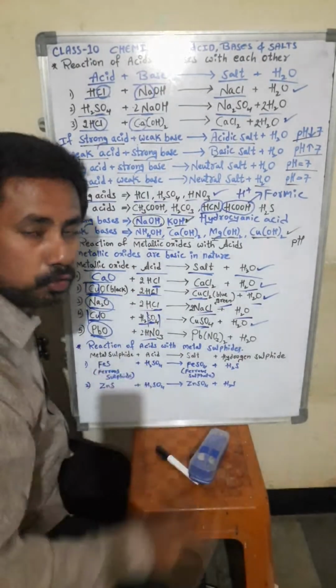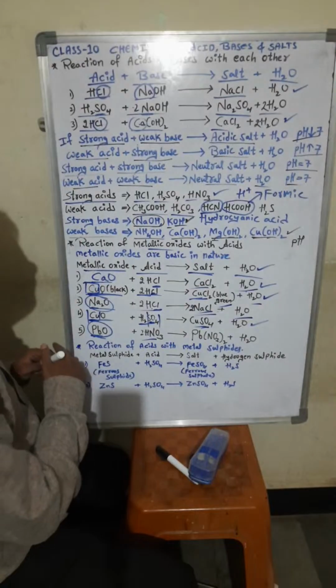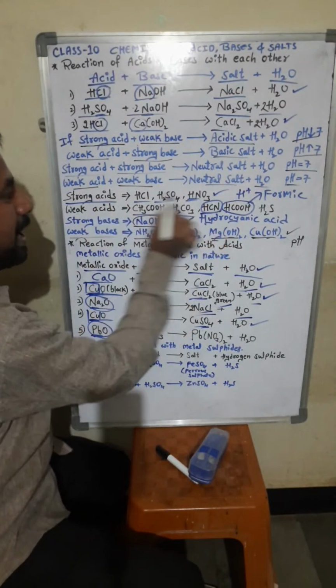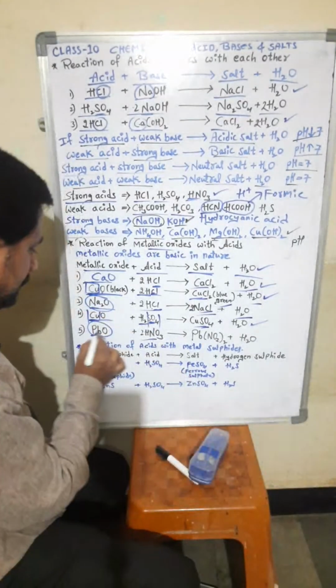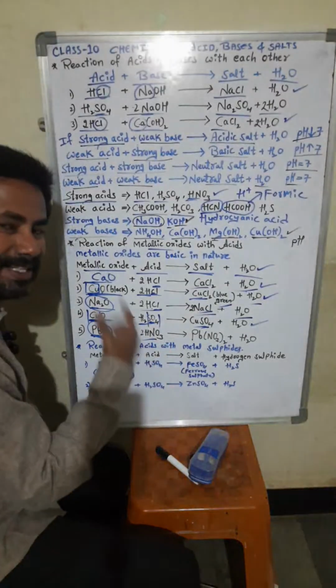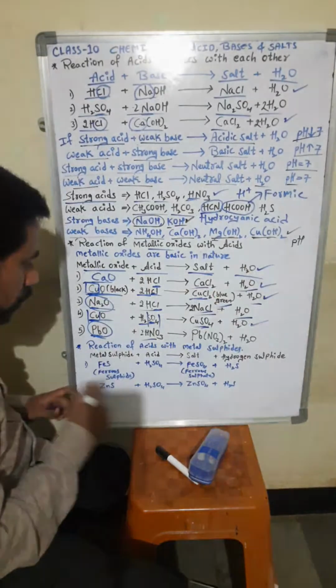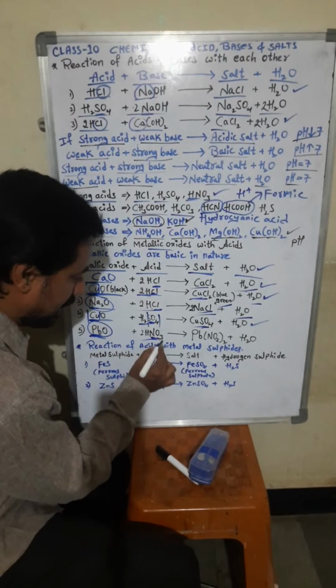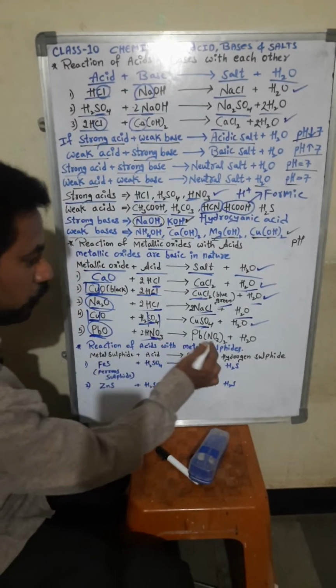What is HNO3? Nitric acid. A strong acid. PbO, lead oxide, basic in nature, base plus acid, salt plus water. Which salt is forming? This Pb lead is combining with NO3. Pb(NO3) twice.